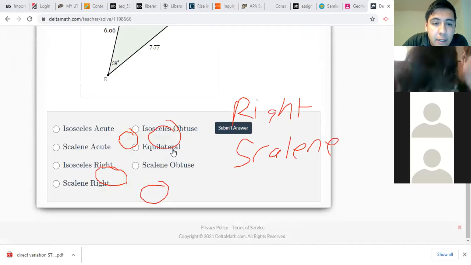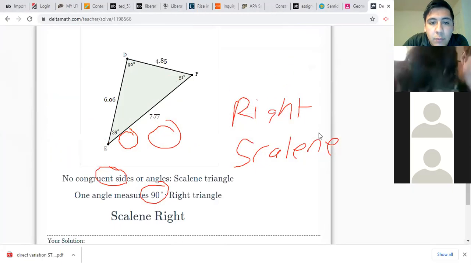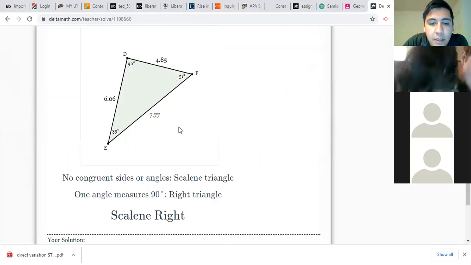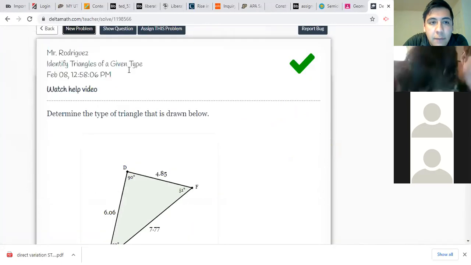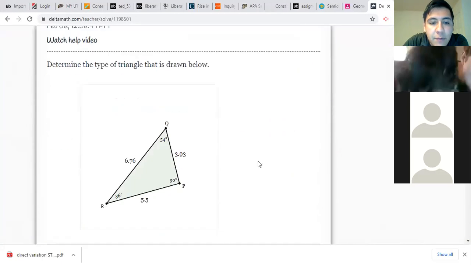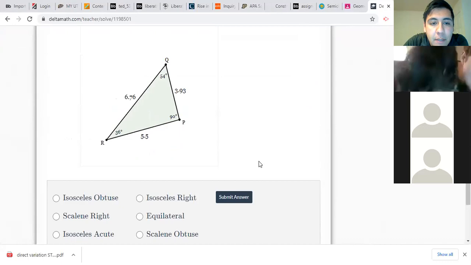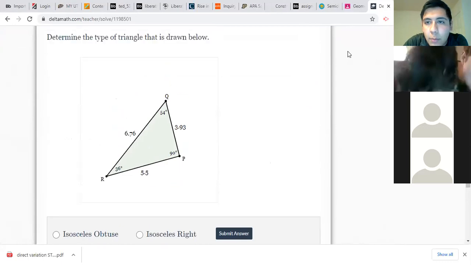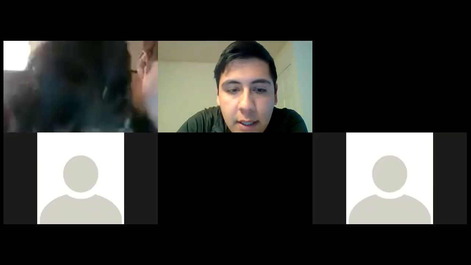So we have a scalene right triangle. Putting those two classifications together gives us the type of triangle that we have there. Okay, this is what your homework will be on today. Should be pretty easy. Try to get in there and then just go ahead.